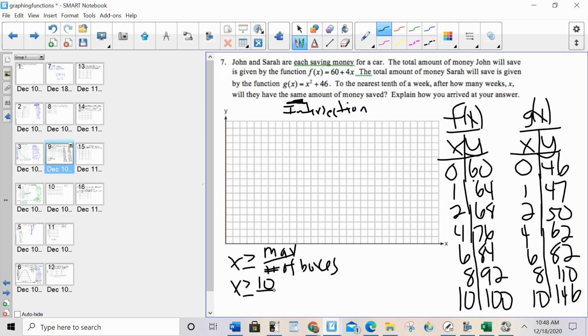I think it's 29. I hope it's 29. It's just very hard for me to count on this little screen here. It shouldn't be as hard for you. Let's see if we can do this. That's 2, 4, 6, 8, 10, 12, 14, 16, 18, 20, 22, 24, 26, 28, 30 boxes.